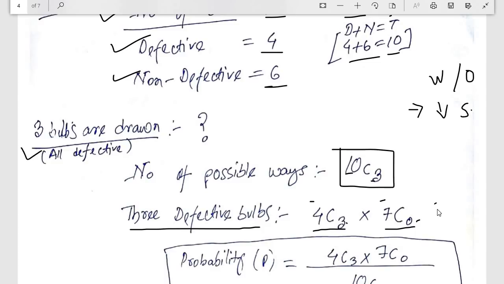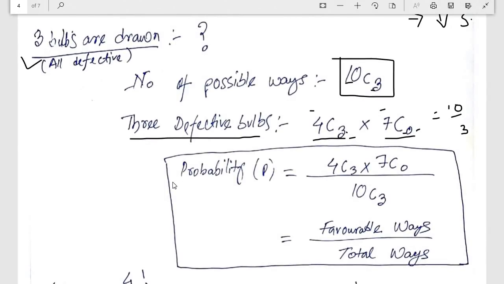We have to observe here that this 4 and 7 should equal the total of bulbs, 10, and this 3 and 0 should equal what we are drawing, 3, right? So the probability will be favorable ways divided by total ways. The favorable ways is 4C3 into 7C0, and we know that C0 is 1.